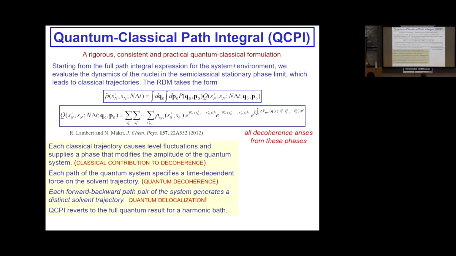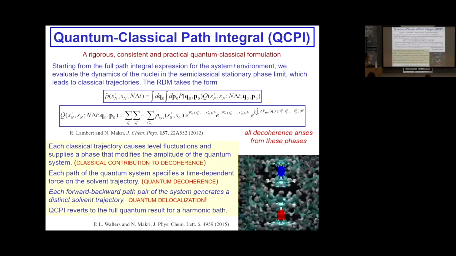All right, I discussed this already. Another nice feature of the expression is that it reverts to the full quantum mechanical result for a harmonic bath, because the only approximation I've made, stationary phase, is exact for harmonic baths. If you do a simulation, this is an electron transfer pair in solution with 1300 atoms. This converges very nicely. What you see here is a superposition of three classical trajectories of the solvent that started at the same initial Q0, P0.